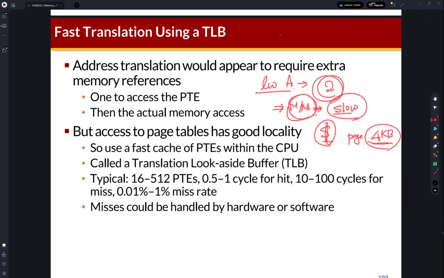And because of spatial locality, if this data is accessed, the neighbor data will be requested, and the neighbor data can be included in a single page because the page size is large.